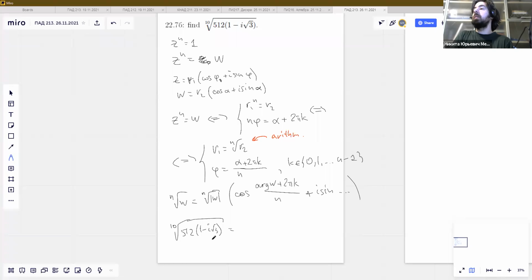For this bracket, we already kind of know that we get 2, right? 1 plus 3 is 4, square root of 4 is 2. So 2 to the 10th is 1024, which, well, lucky for us, admits the 10th root. This helps to write a simple and beautiful answer.